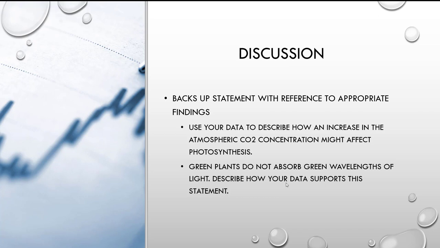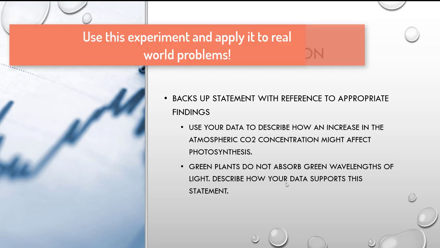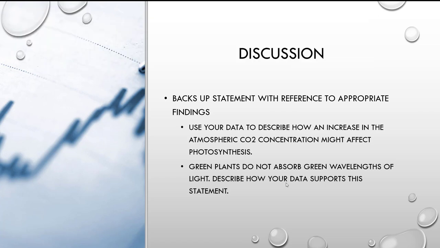Will it be good for plants? Will it be bad for plants? You can use what we gathered from this experiment and apply it to what's happening with our greenhouse effect, our increase in carbon dioxide emissions.